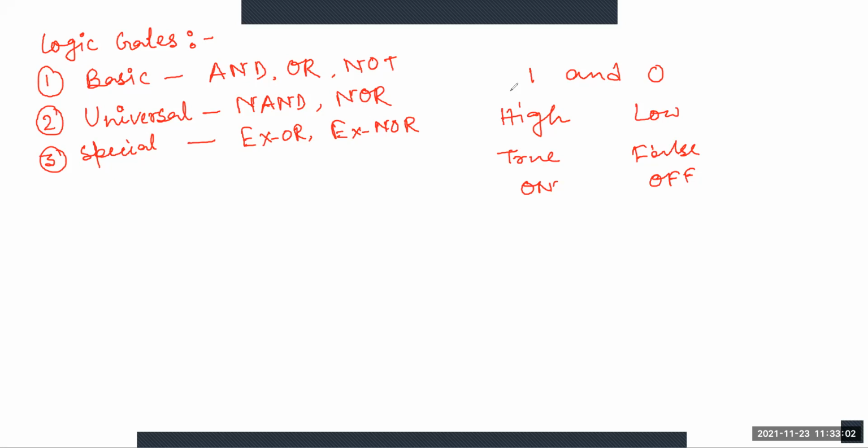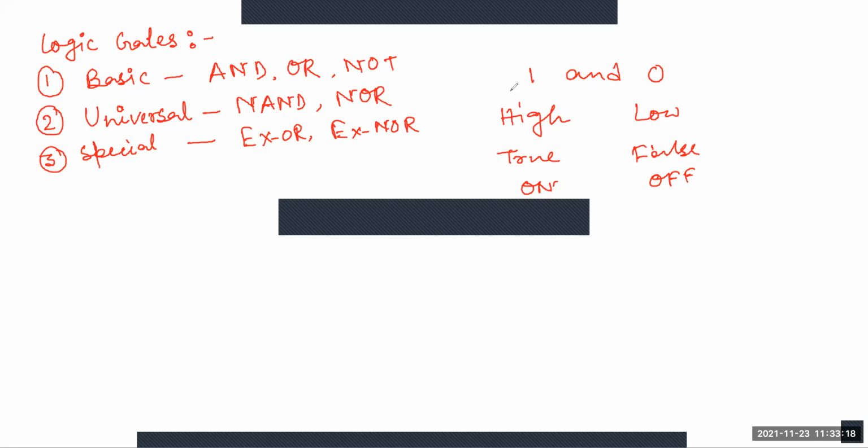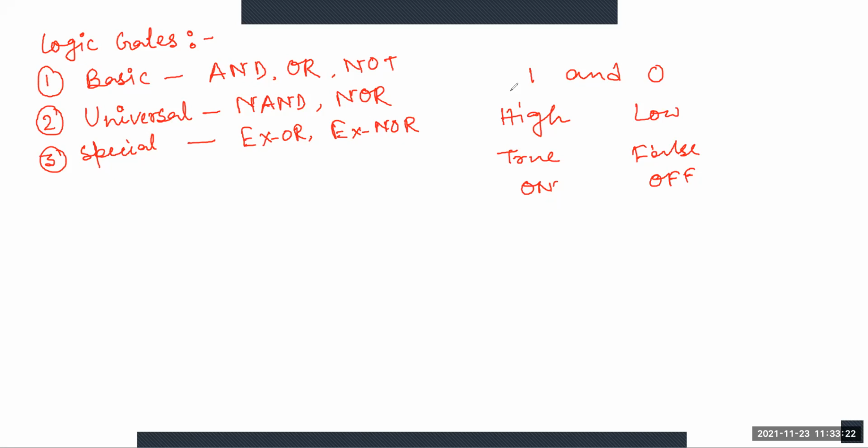This truth table shows how the logic circuit output responds to the various combinations of logic levels at the input. Normally we use positive logic, where 1 represents high and 0 represents low.